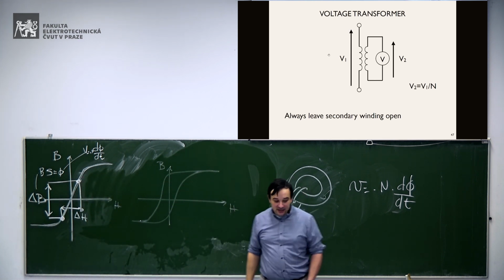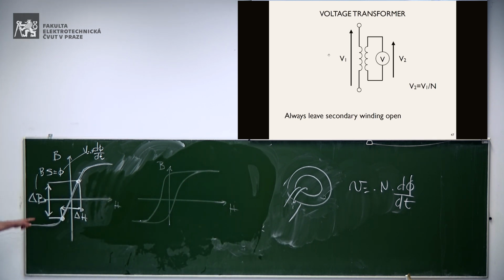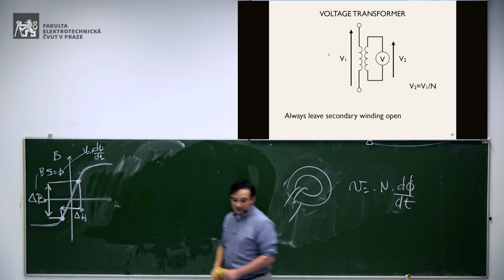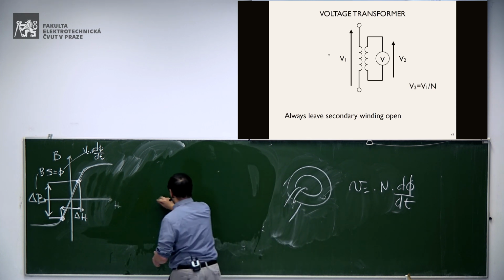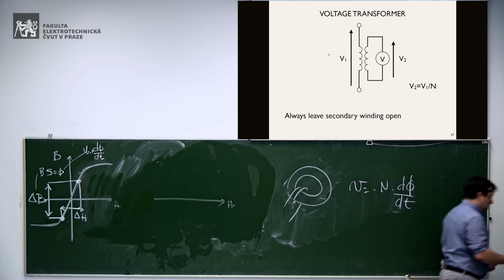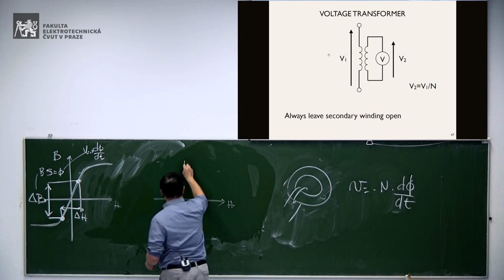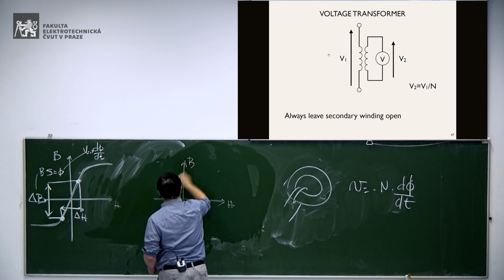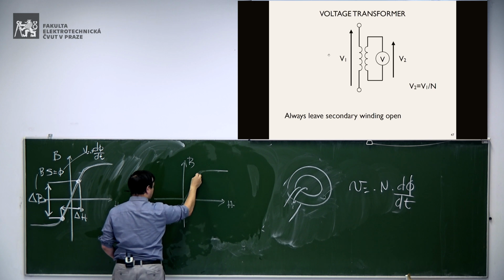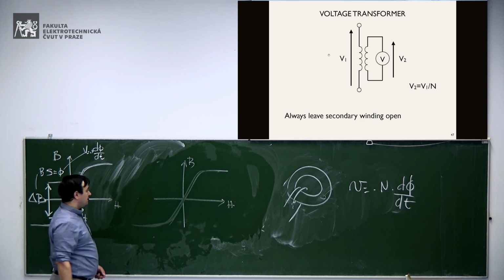Now, what happens if you add a DC field to the field that you create with a coil, okay? Let's assume that you have the same ferromagnetic material. Same ferromagnetic material.